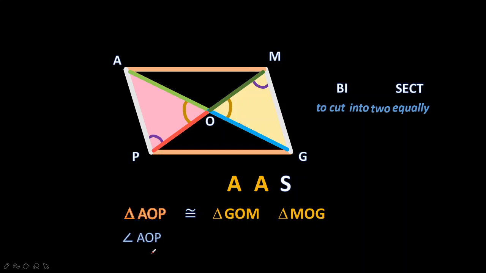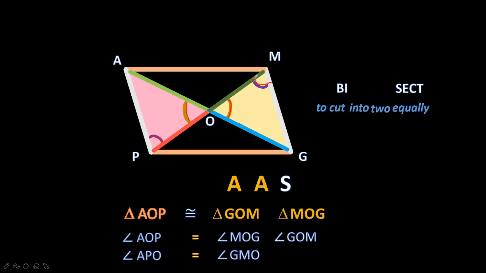Then angle AOP. Let us look at what angle AOP is. Angle AOP is this angle, and this angle is equal to angle MOG. But I could also call it angle GOM. Okay, so let us keep that anyway. Then angle APO, this angle that we took, is equal to angle GMO, right?